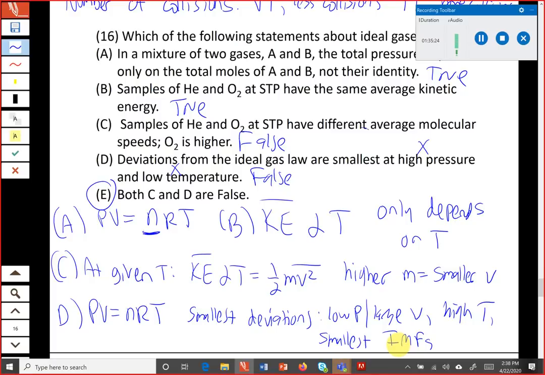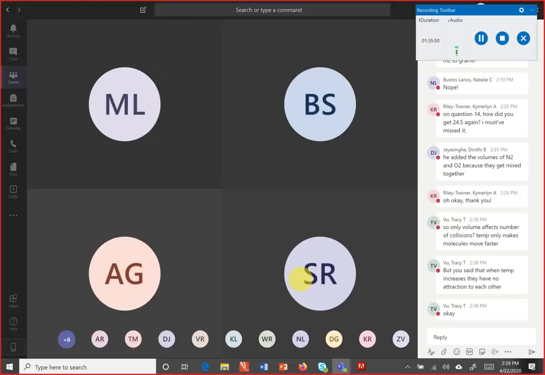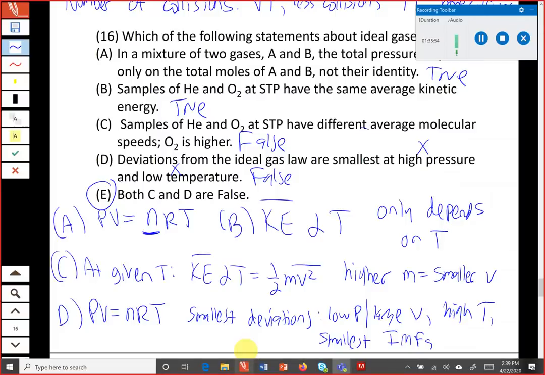And the slower they're moving, the more they're going to start behaving like a liquid, because when you slow them down, they spend more time near each other, and that attraction becomes more significant. So they will collide more frequently at higher temperature, but in the situation where they're moving fast and the intermolecular forces are small, those collisions would be elastic, and that wouldn't cause any deviations from the ideal gas law. All right, so if we're clear on that, then I will go ahead and move on.